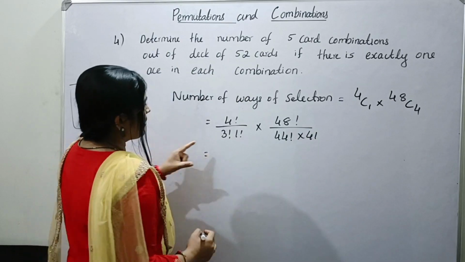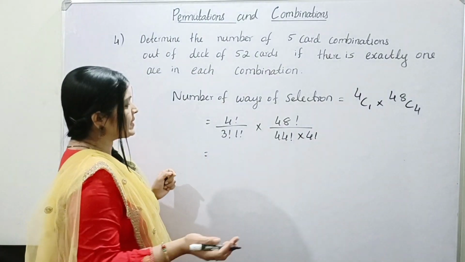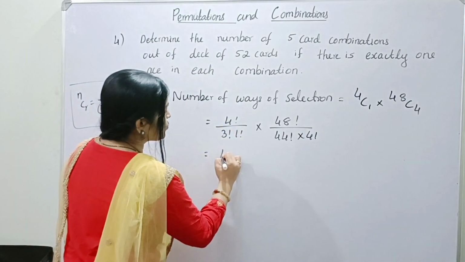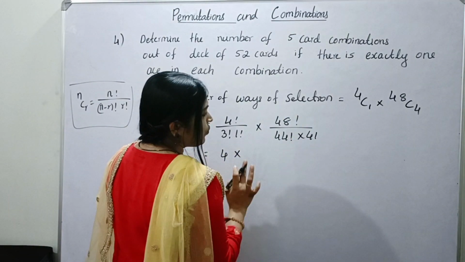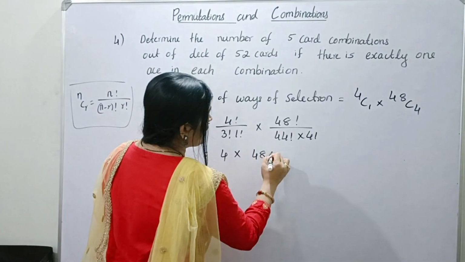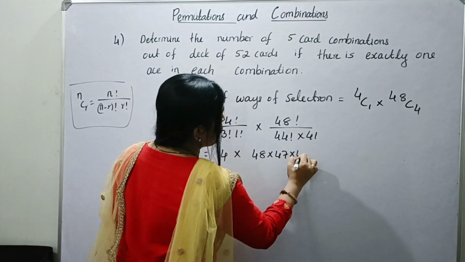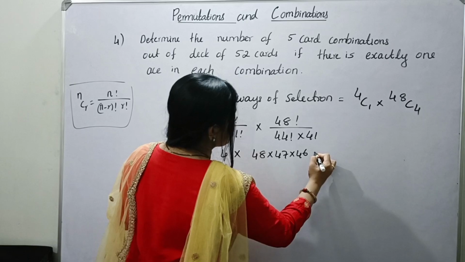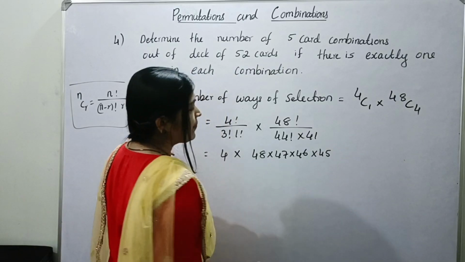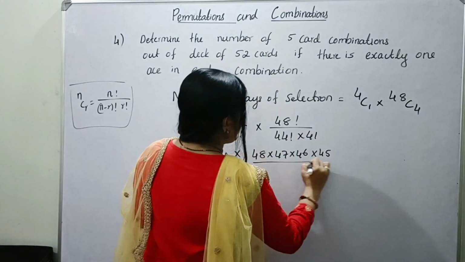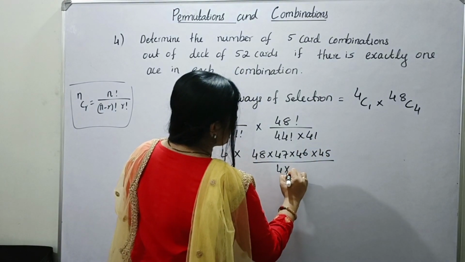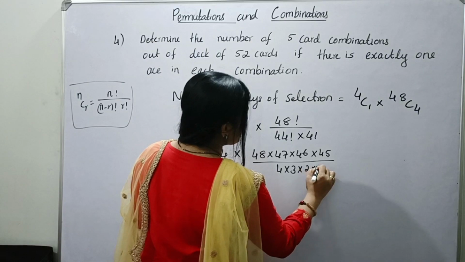Here 1 factorial is 1 itself, 3 factorial cancelled, so 4 remaining, and here 44 factorial cancelled, so remaining 48 into 47 into 46 into 45 divided by 4 factorial, 4 into 3 into 2 into 1.